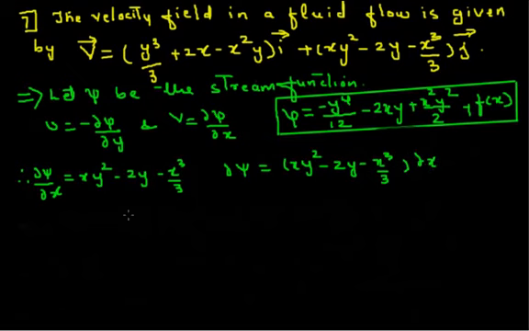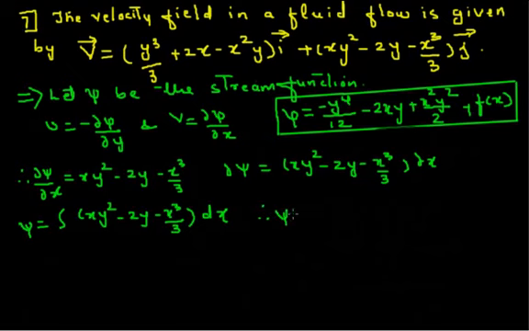Now integrating both sides, we get psi is equal to integral of xy square minus twice y minus x cube by 3 into dx.